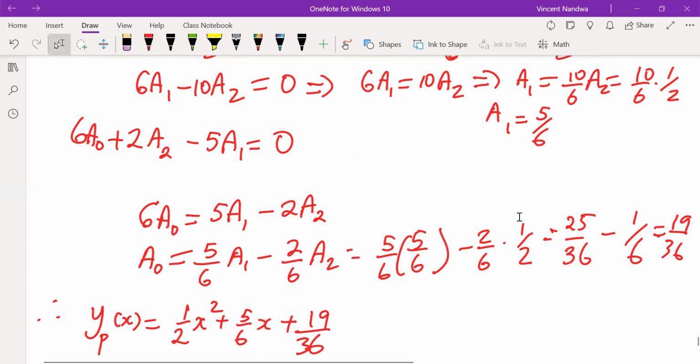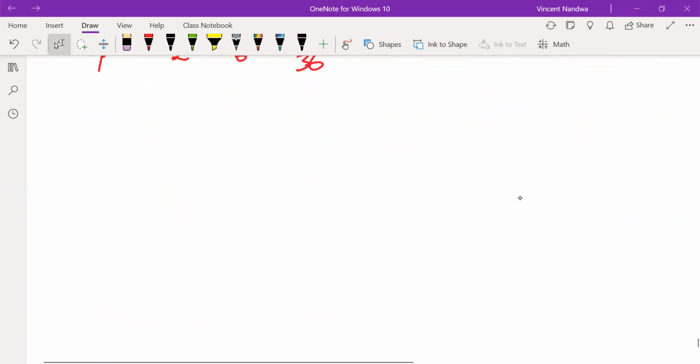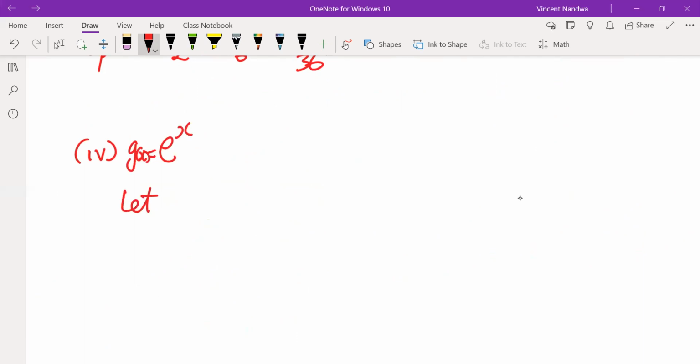Next one is e raised to power x. So g of x is e raised to power x. Now, let yp be given by, so if we have an exponential, then it would be a constant times that exponential.